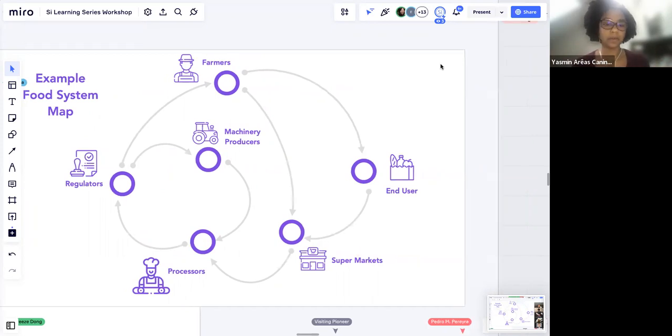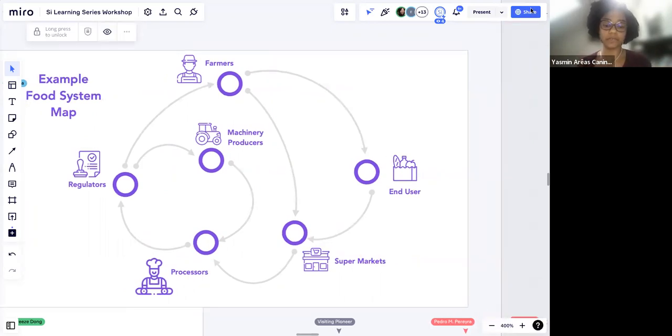As an example, the same example of the food system: before, we saw the rise of the product as just one part of it, but now we can look at the system and identify the different actors involved in this challenge.